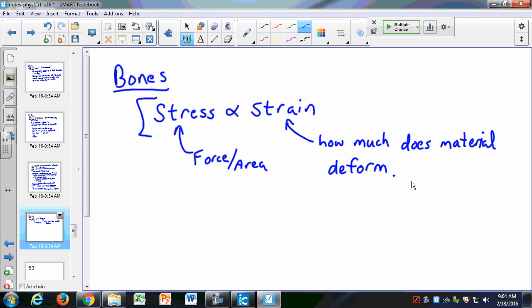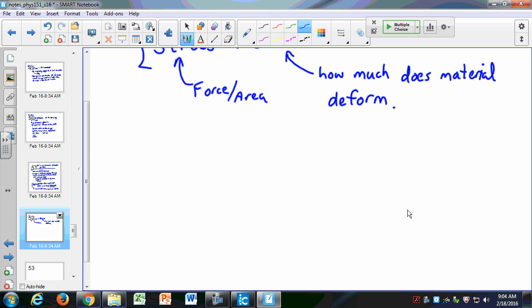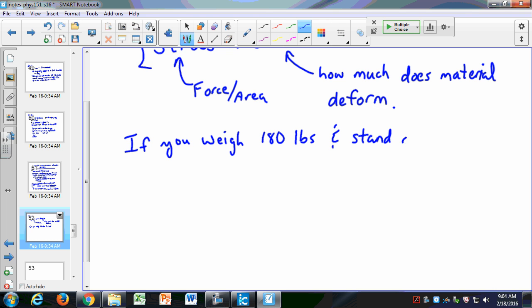But we can calculate the force. Say, for example, I think we've had a question like this, but let's say you weigh 180 pounds, and you stand on one leg. Not sure why you'd stand on one leg, but if you want to, what is the pressure on your knee joint?